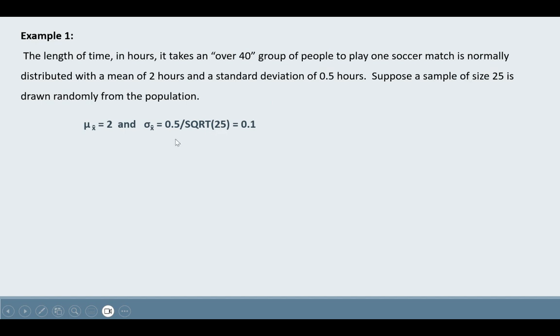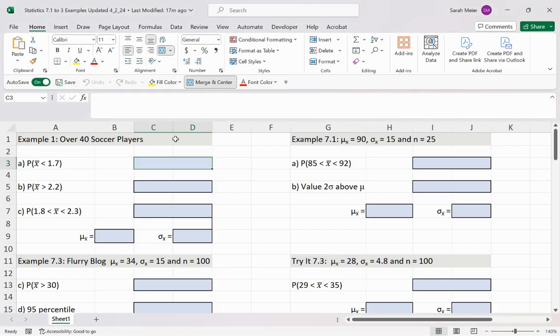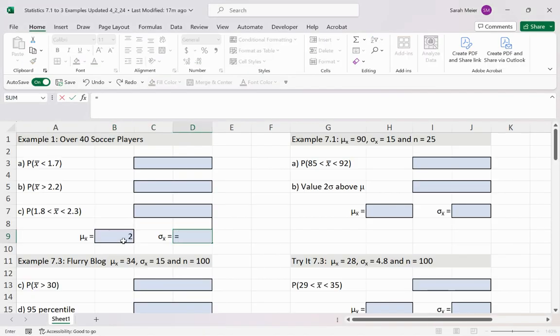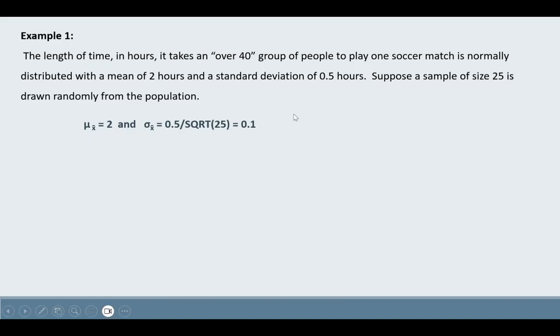So we're just going to put those into Excel just so that we have them in our cell references. So our mean is the same as the original one. Our standard deviation is our original standard deviation divided by the square root of our sample size. And that's where that 0.1 comes from on the slide.